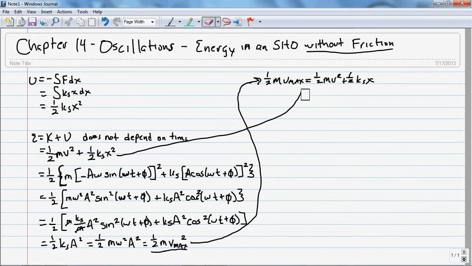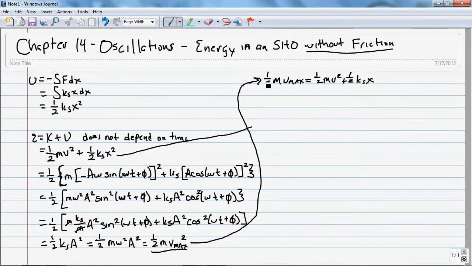Now remember that this velocity is a function of time and the x is also a function of time, but they occur at the same time, so that helps us to understand that even though we're looking at same times, we can still just look at this as velocity and distance.